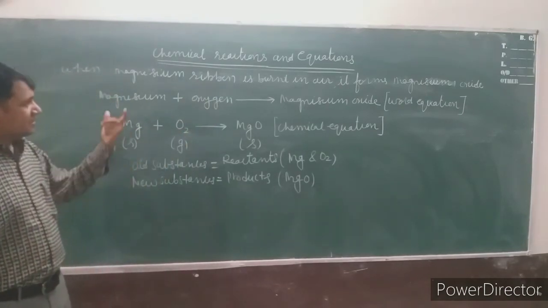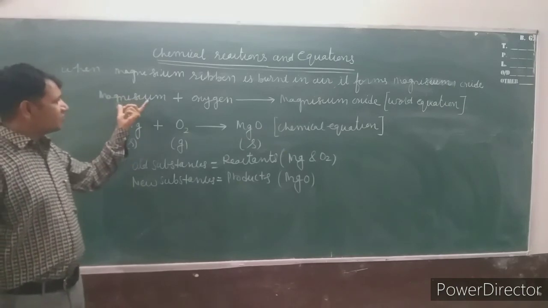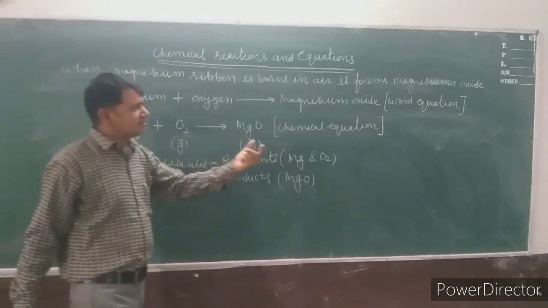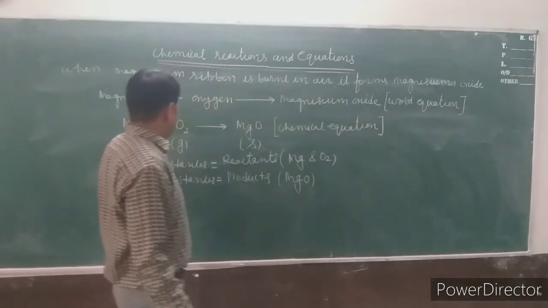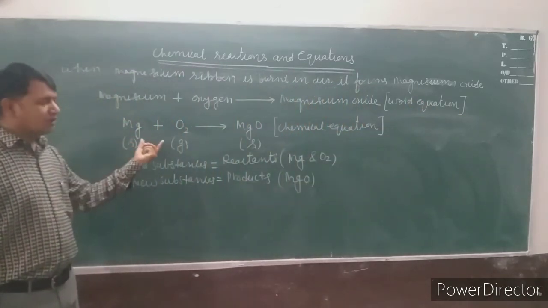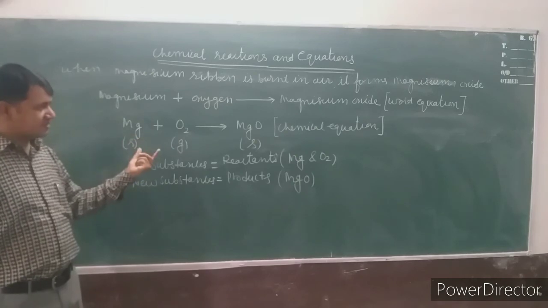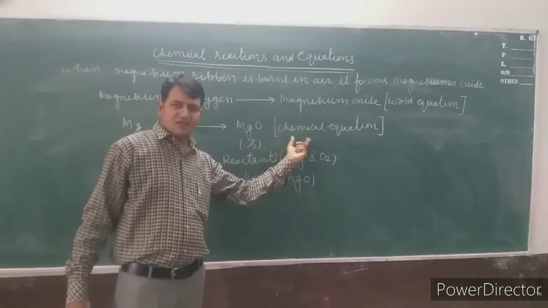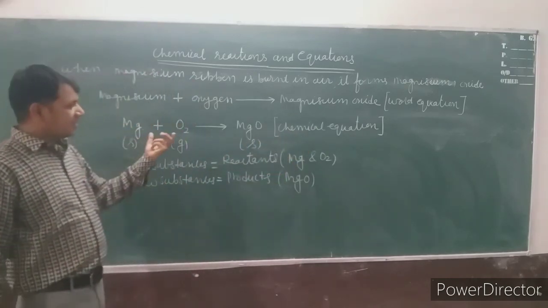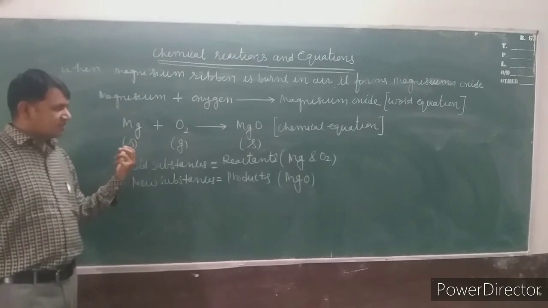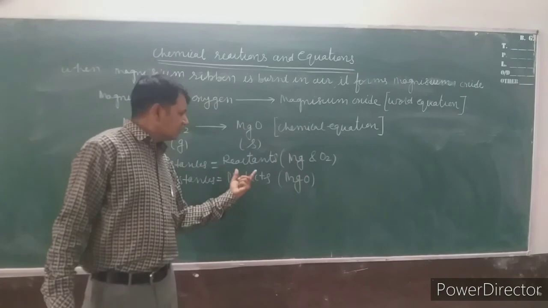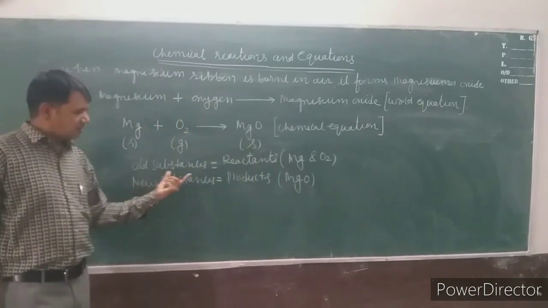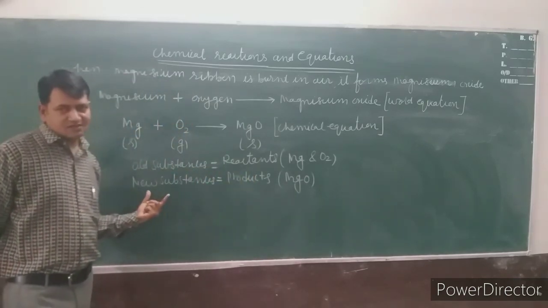When we express a chemical reaction in terms of words, that is a word equation. When the word equation is expressed through the symbols of substances, that is known as a chemical equation. In a chemical equation or reaction, there are two types of substances, reactants and products. Reactants are old substances; products are new substances. Thank you.